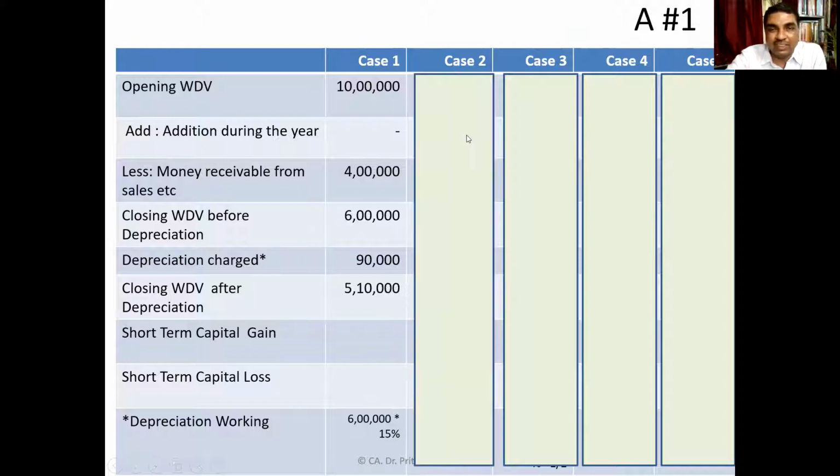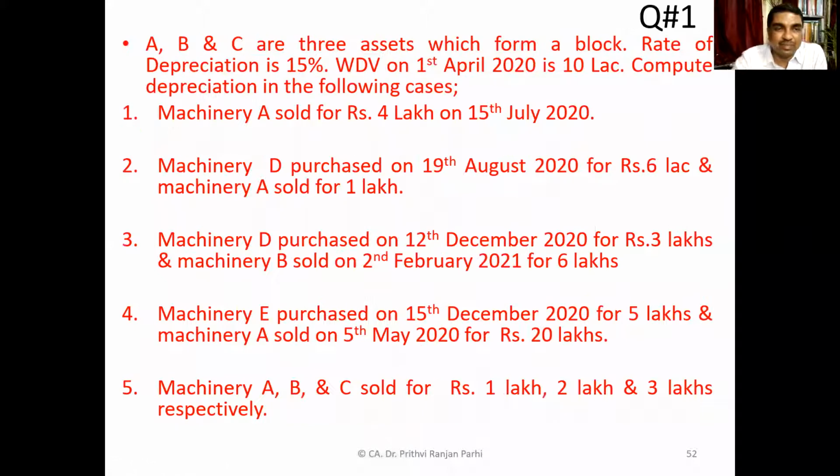Okay, now let us see the next question. The third talks about machinery D purchased on 12th December 2020. When it is purchased on 12th December, it is used for December, January, February, and March. To calculate the number of days, it is less than 180 days.